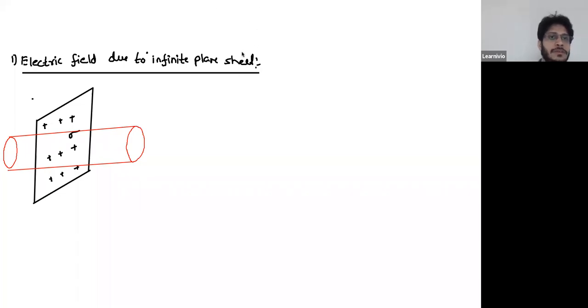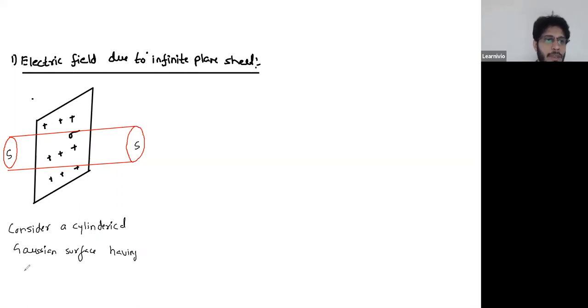So let's consider a cylindrical Gaussian surface having area of ends A. We take a cylindrical Gaussian surface and the area of ends is this.